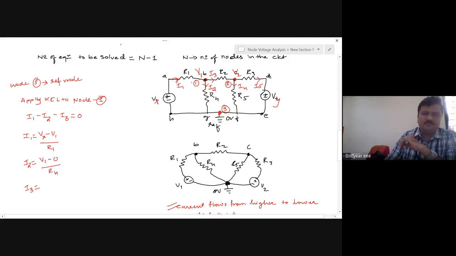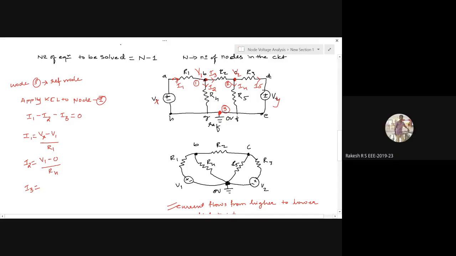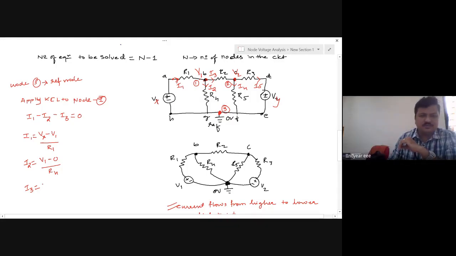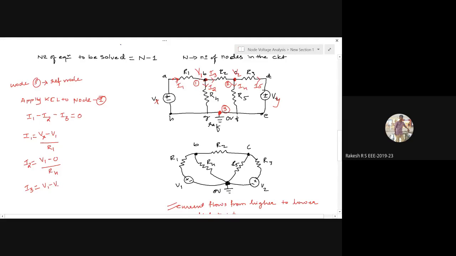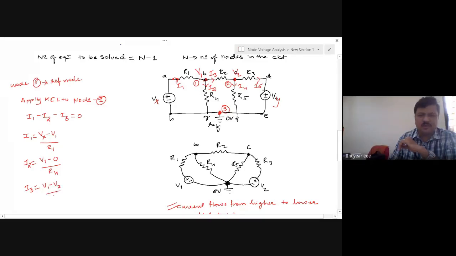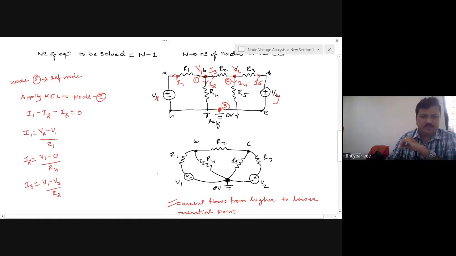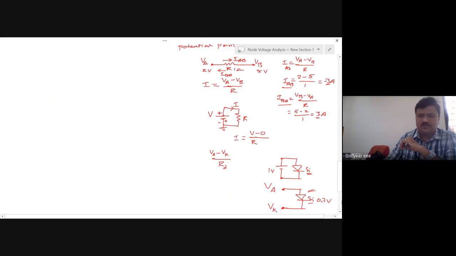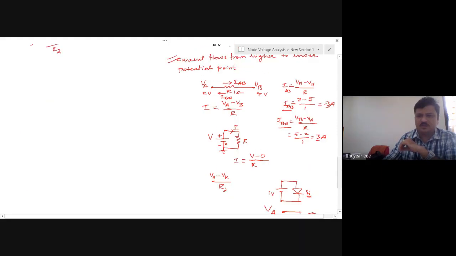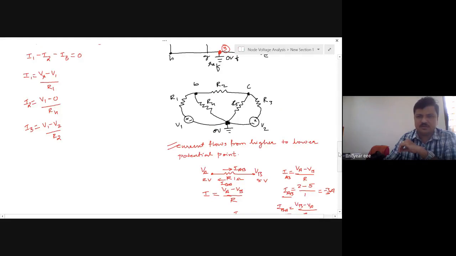Now, I3 is flowing from V1 to V2. So, it is V1 minus V2 by R2. V1 minus V2 divided by R2. Okay. Now, by substituting these three here, I will not simplify this. We don't need to simplify this. We are simply observing the method.